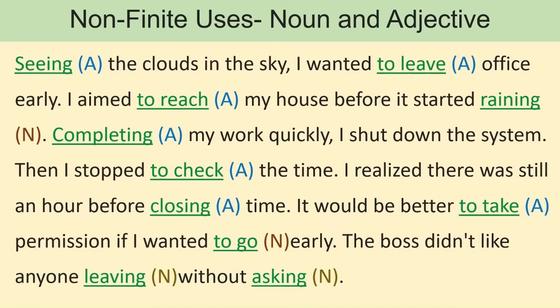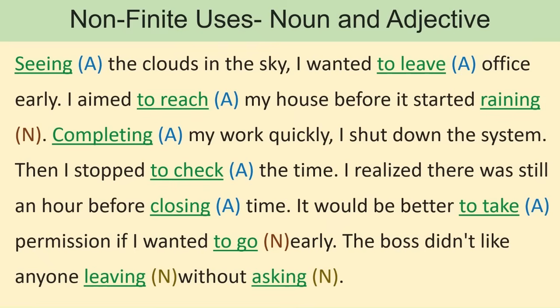Now let us see this passage, a very simple passage which will tell you how important and how commonly the non-finite forms are used. You will find that the non-finite forms are underlined. Behind them in brackets you find whether they are an adjective or a noun.